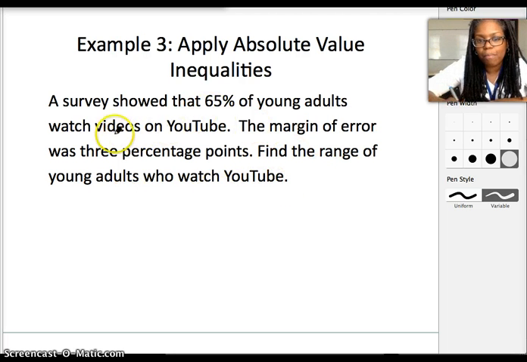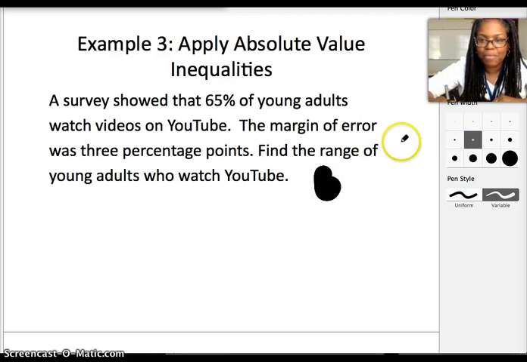When we talk about margin of error, it means that with any poll or any statistical information, there's a margin of error based on the number of people who actually took the survey. So in this case, the margin of error is plus or minus 3, right? So it's 65%, but we could be plus or minus 3% off.